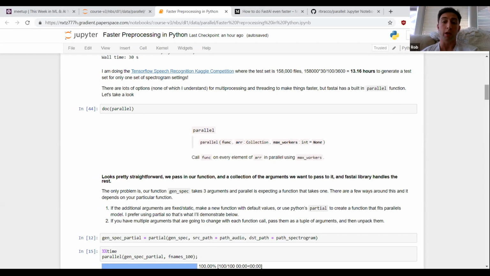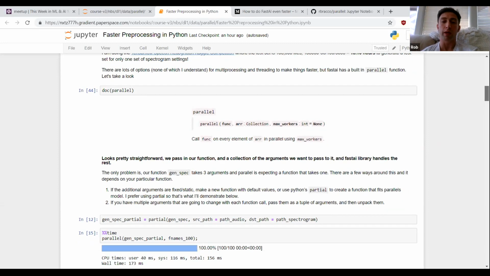For me, it cut things down about 3x in terms of time. But it does have a few quirks. I talked to Sylvain about it, and he says it's meant as an internal convenience function for them. So I want to show people how to use it and understand what's going on, because it has some weird quirks.